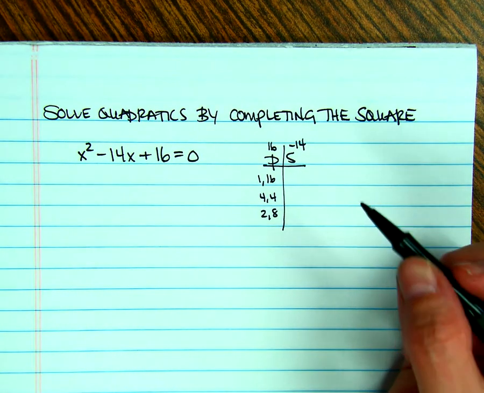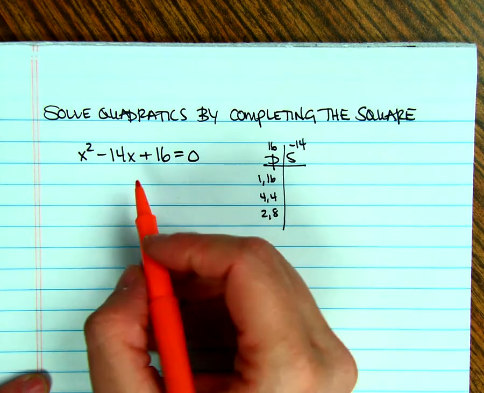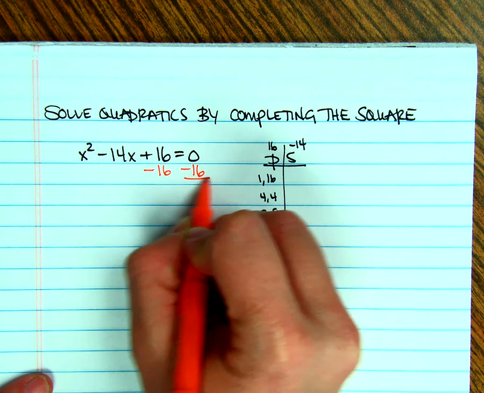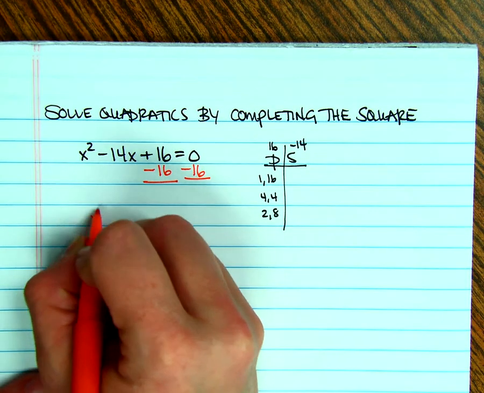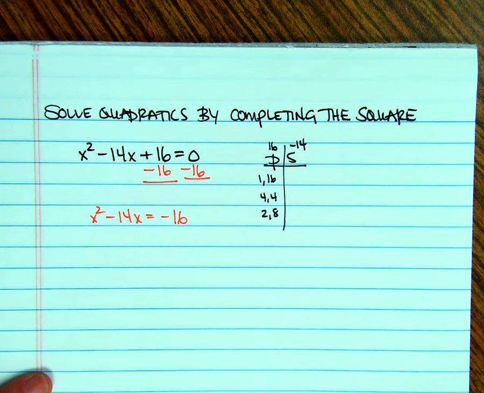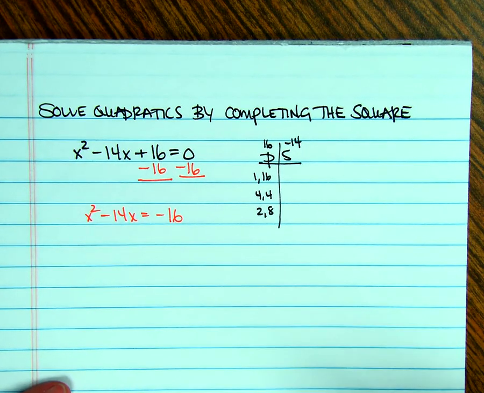So we are going to do what is called completing the square. We are going to subtract 16 on both sides. Remember those perfect trinomial squares?